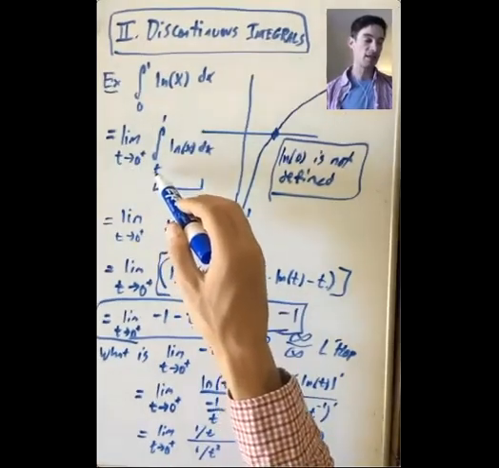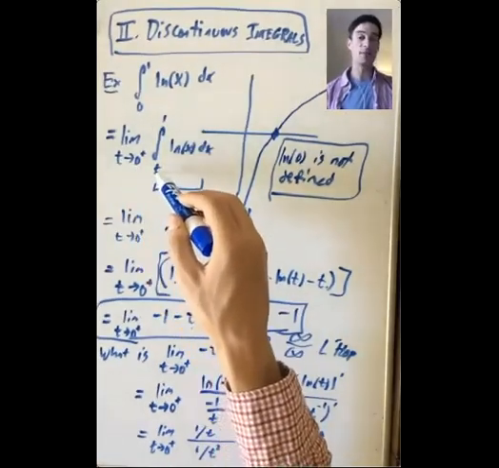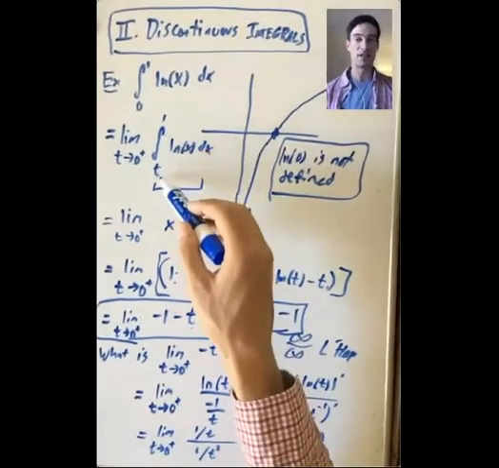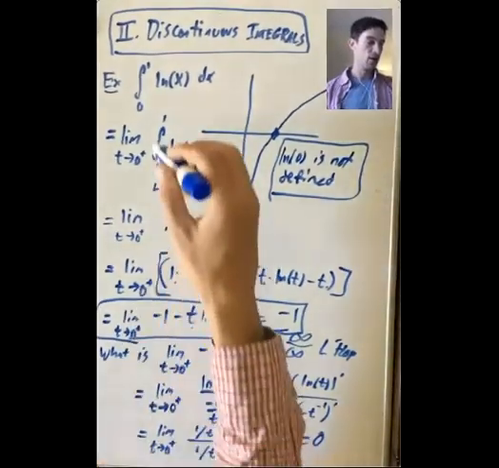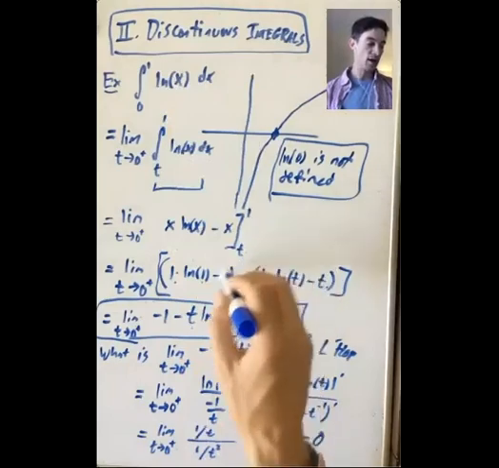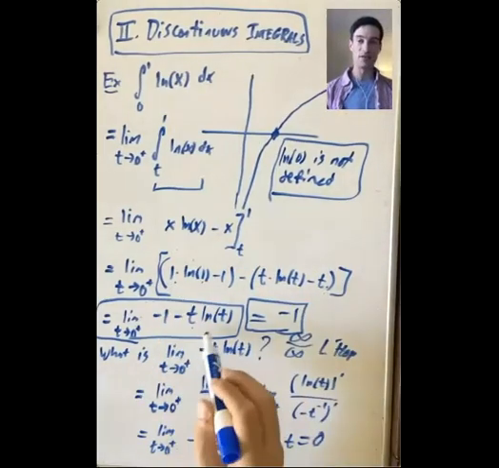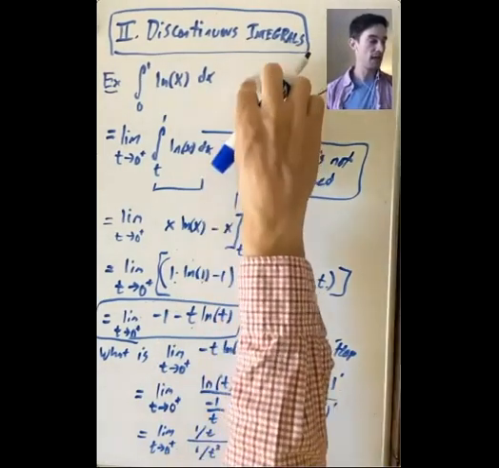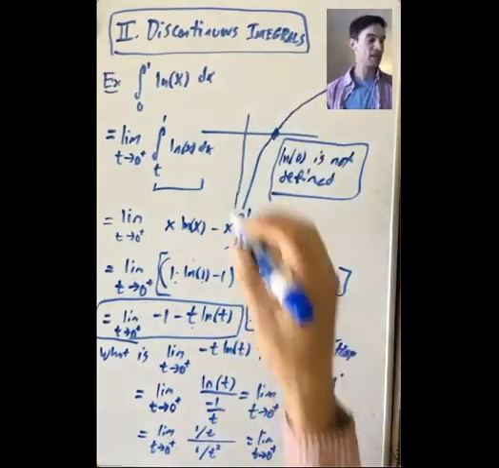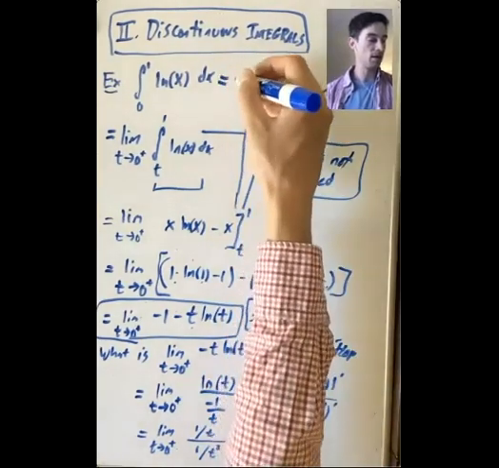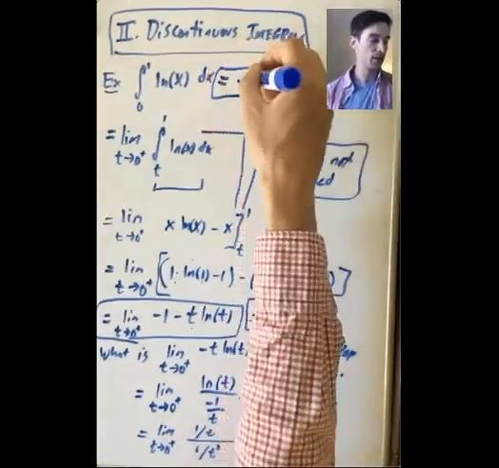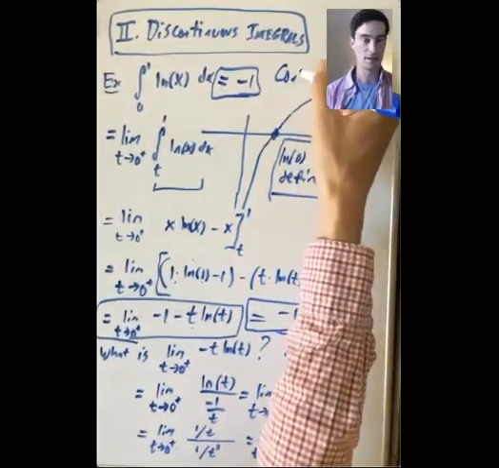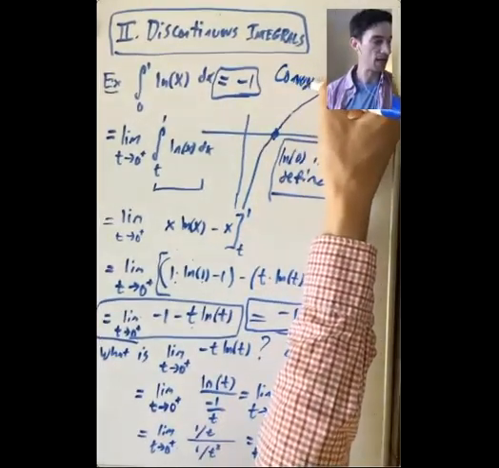So we defined it as a limit as t approached the bottom endpoint from the direction of the top endpoint. We then did this integral like before, and we had to compute a limit using L'Hopital's rule. But in the end, that limit exists, and we get a finite number. So this integral is convergent and equal to -1.